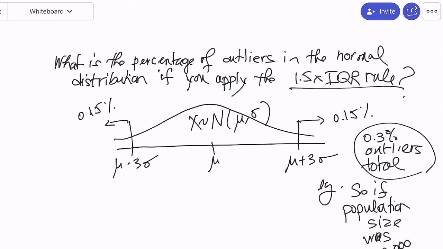Now that's if it's perfectly normally distributed with the properties of a standard normal or any normal curve. Right, Hector, 15 on each side.